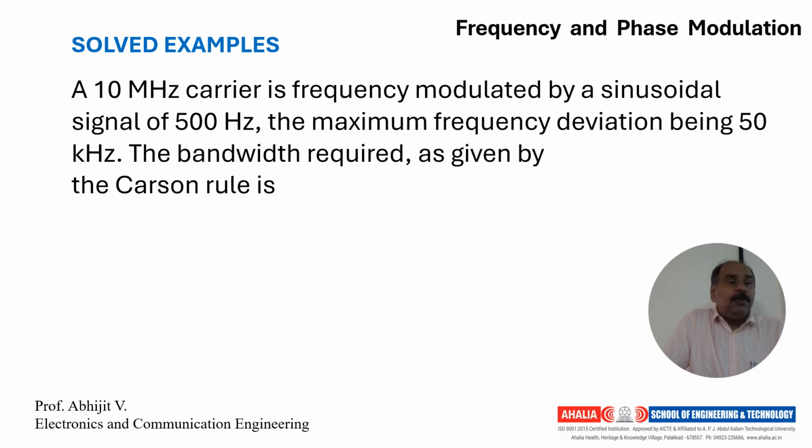The maximum frequency deviation given is 50 kilohertz. The bandwidth required as given by Carson's rule is, what is the bandwidth? The question is you have to find out the bandwidth. How will you find out the bandwidth?